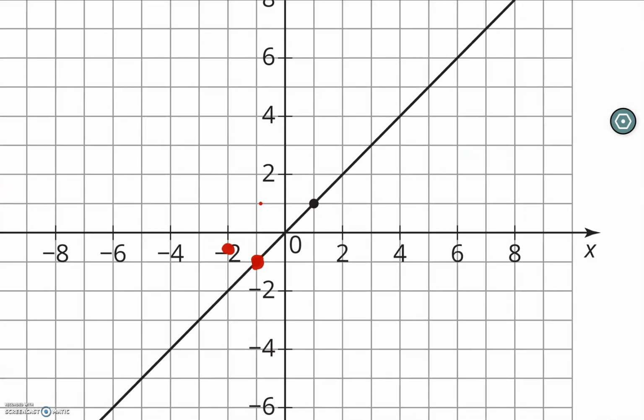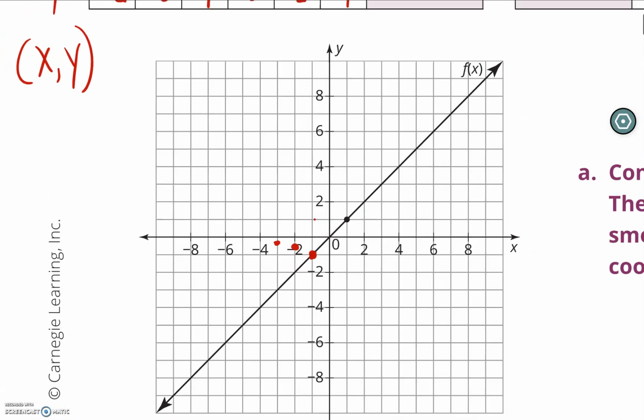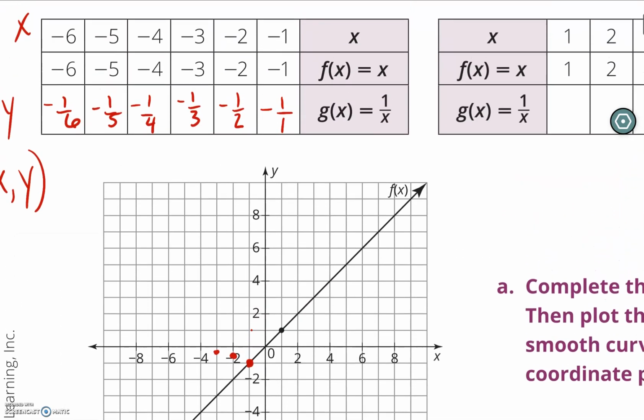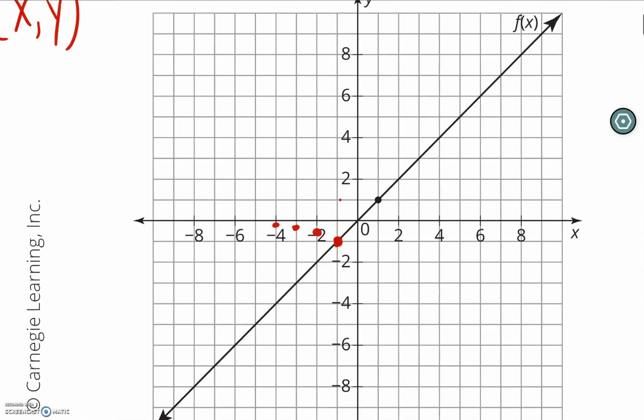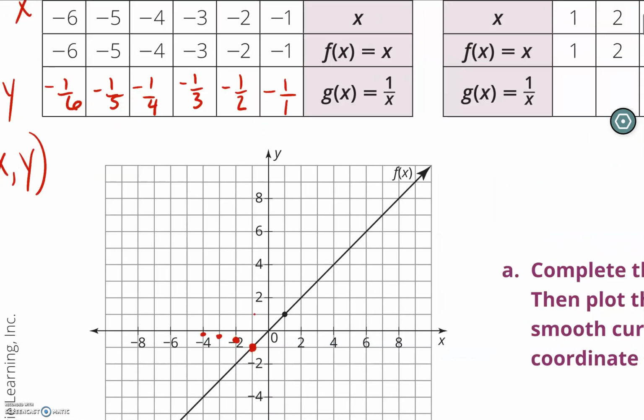Negative 4, negative 1/4. Negative 5, negative 1/5, negative 6, negative 1/6. You get the picture.